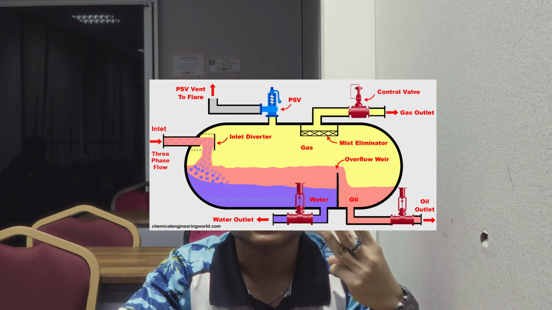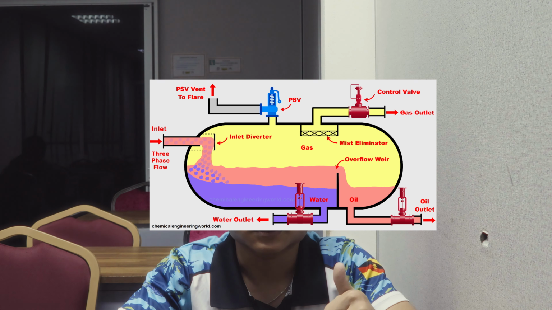And number 2, the liquid, which is a mixture of oil and water, collects at the bottom and leaves through the liquid outlet. For a three-phase separator, number one, gas exits from the top and oil flows out through the middle outlet, and the water settles at the bottom and leaves through the water outlet.